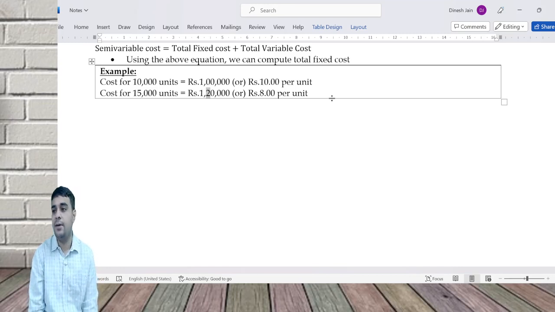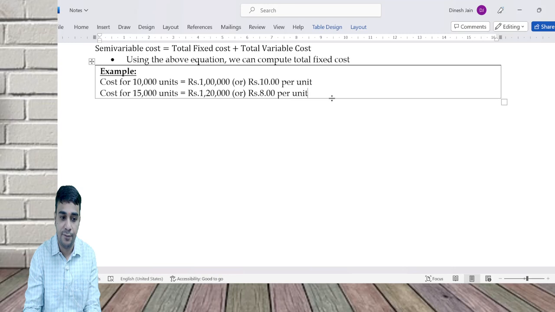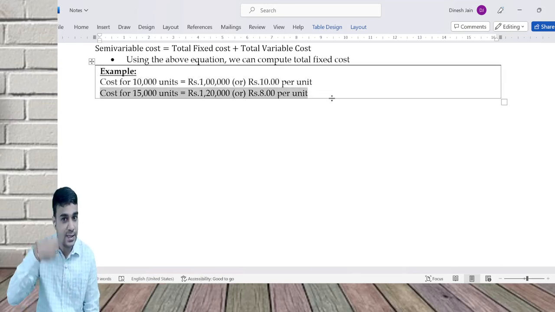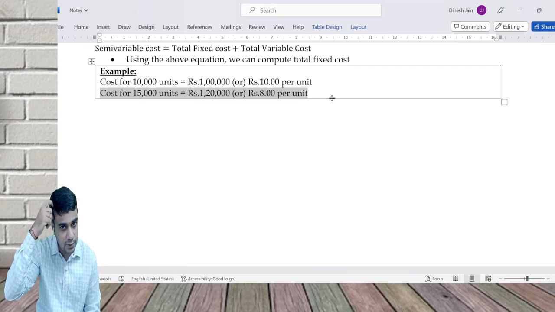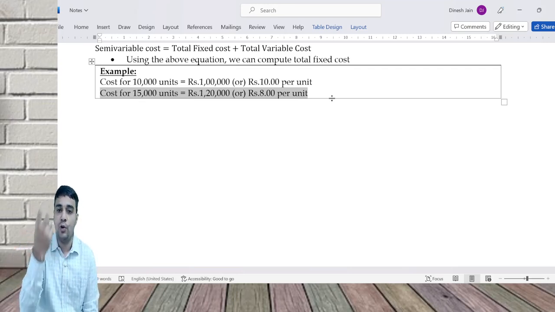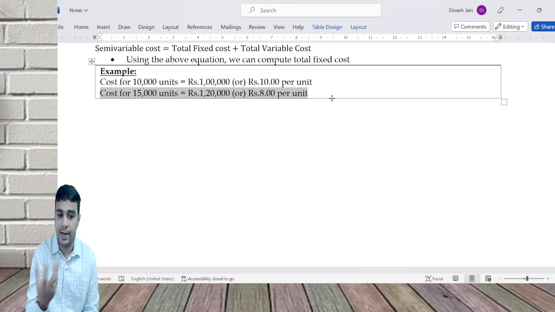Whenever we have semi-variable, I have to find out how much is variable and how much is fixed. What I want is variable cost per unit. I don't want total variable cost, because total variable cost changes with output. For 10,000 units you'll say total variable cost is 40,000 rupees, just a random number I'm saying; for 15,000 units you'll say 80,000 rupees.